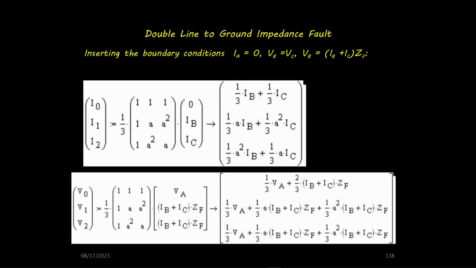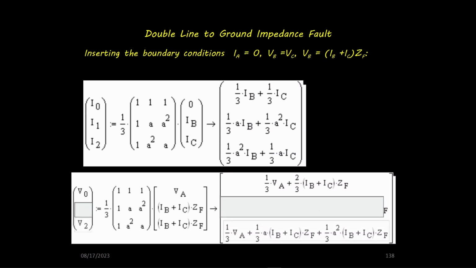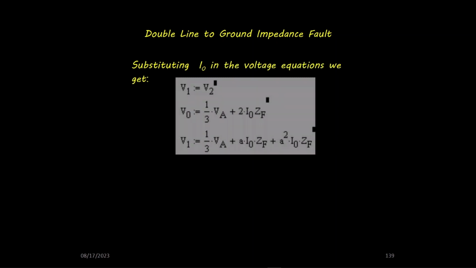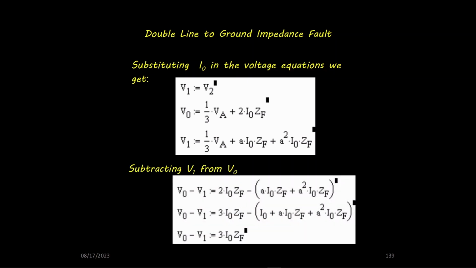Notice that V1 is equal to V2. Substituting I0 in the voltage equations, we get, subtracting V1 from V0, we get the following results.